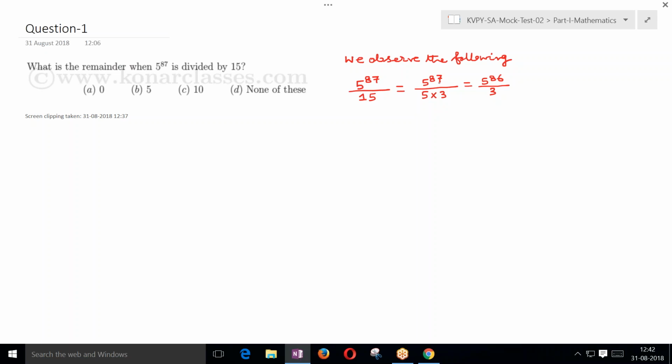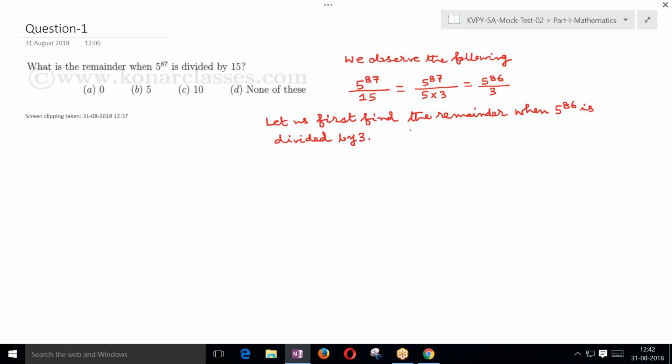Let us first find the remainder when 5 power 86 is divided by 3.